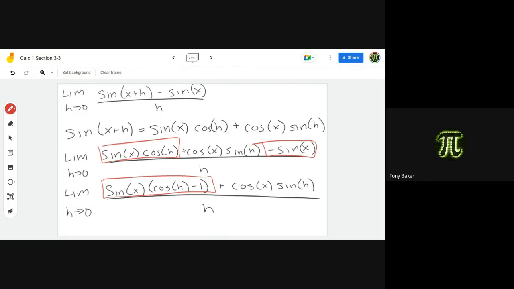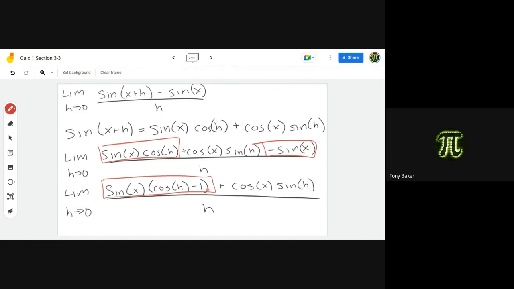So I basically put them together and pulled out the sine of x. So sine of x, cosine of h, minus sine of x, right? I pulled out the sine of x. If I pull out the sine of x of this one, I'm left with cosine of h. If I pull the sine of x out of that, I'm left with 1.